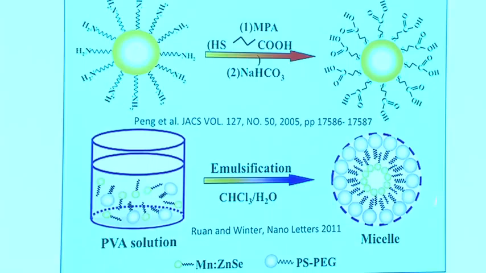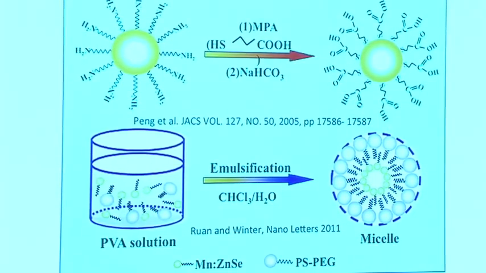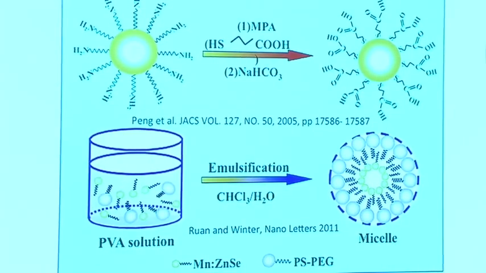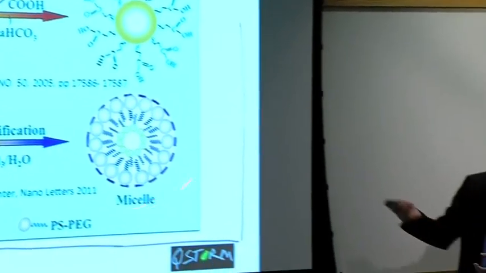Since the surface of the micelle is hydrophilic, this whole construct can be soluble in water. And also, because we are assembling several quantum dots into a new nanoparticle, this new nanoparticle is several times brighter than the original quantum dot.